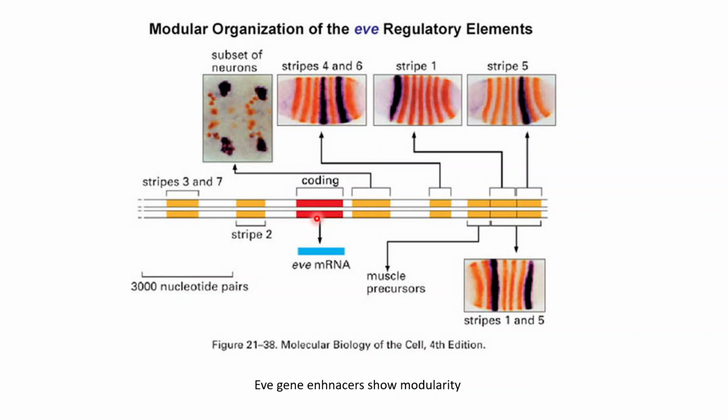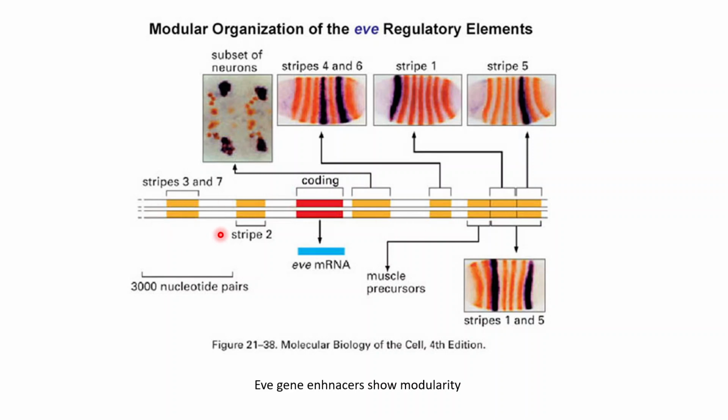But to control that, the same gene has so many enhancers, and a particular set of enhancers will only express the gene in a particular set or segment. So stripes 3 and 7 are activated by this enhancer, stripe 2 by this enhancer. Muscle precursor cells, stripes 1 and 5 will be activated via this enhancer.